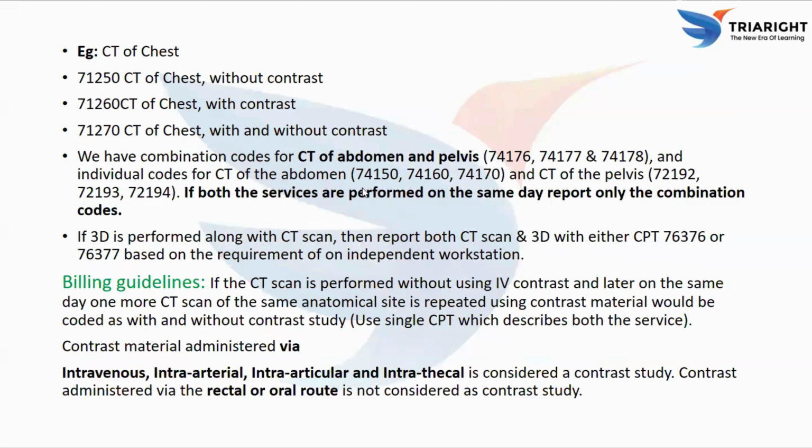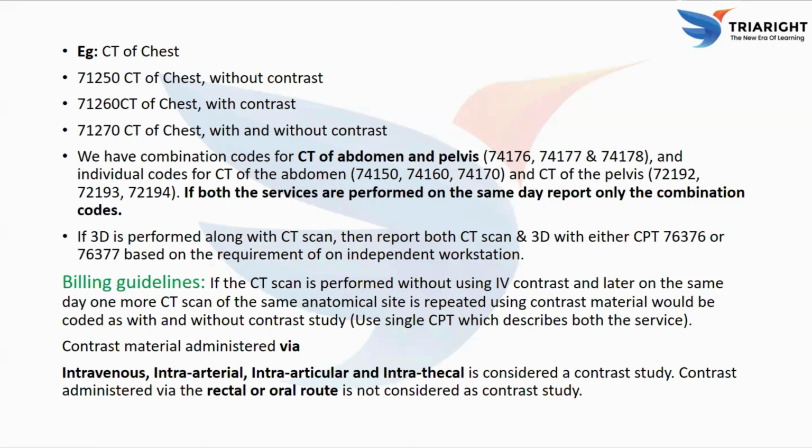Here's an example. CPT always allows the standard CT codes for each body part. 71250 is for CT chest without contrast, 71260 for CT of chest with contrast, and 71270 for CT of chest with followed by without contrast. Never bill two CT codes for the same site on the same day. If both non-contrast and contrast are done, you have to use one combined code.